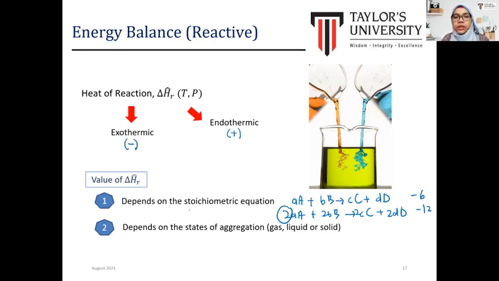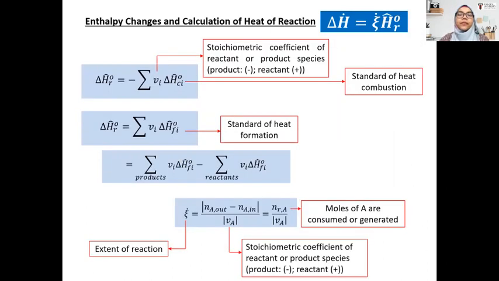So the value depends on the stoichiometric equation and also on the state of aggregation, so we have different values of the heat of reaction. For example, water in liquid and gas will have different values.